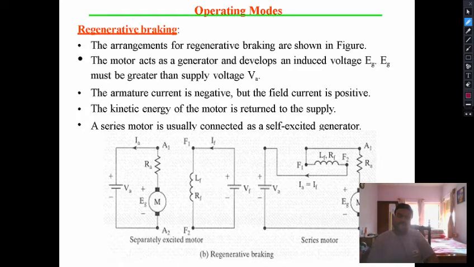The motors which are connected to the wheels, let us draw it again.